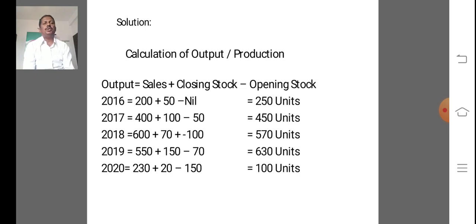And next in 2019, 550 plus 150 minus 70 is equal to 630 units. And in 2020 is equal to 230 plus 20 minus 150 is equal to 100 units.